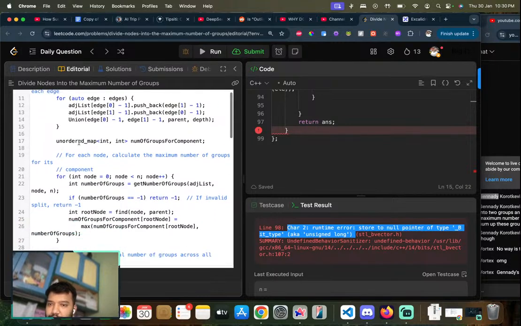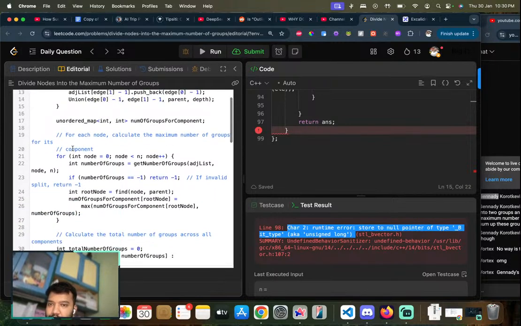Okay, yes, yes. Okay, number of groups for component. Okay, this is something different.